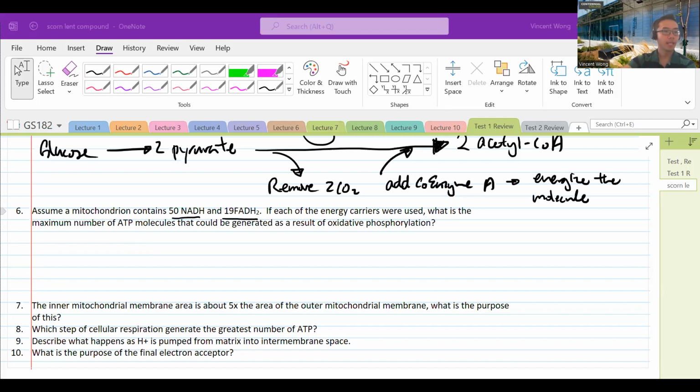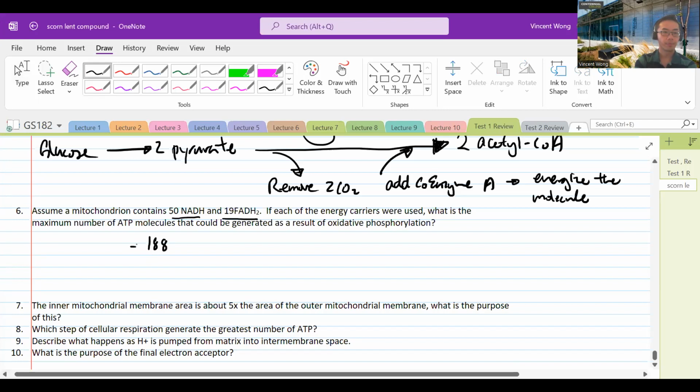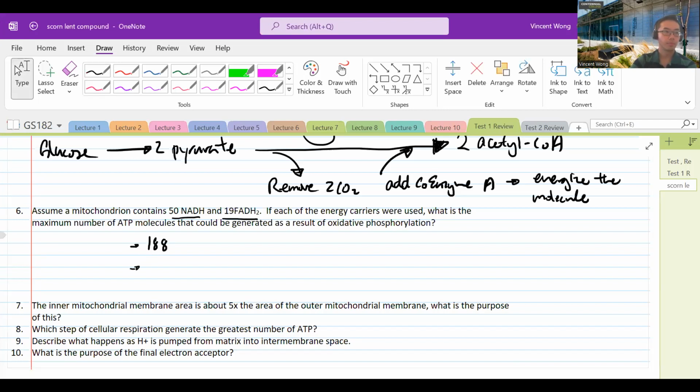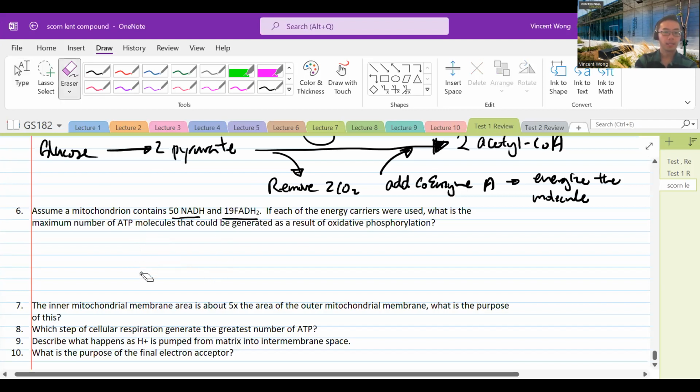We have 188 from Mavis. Okay. Pashal said 150 from NADH, yeah, but together, how many? All right, very good.